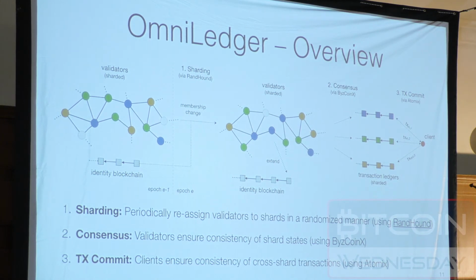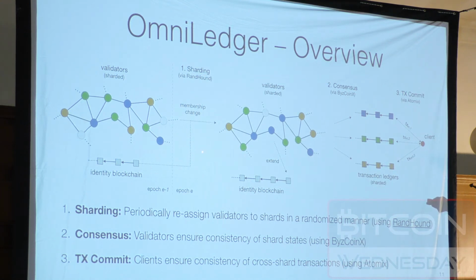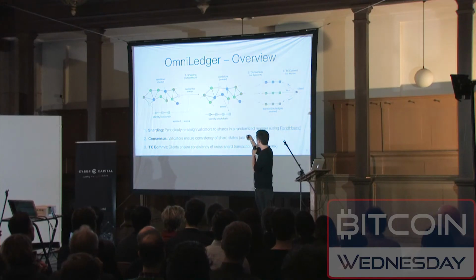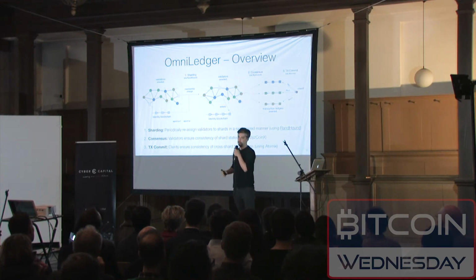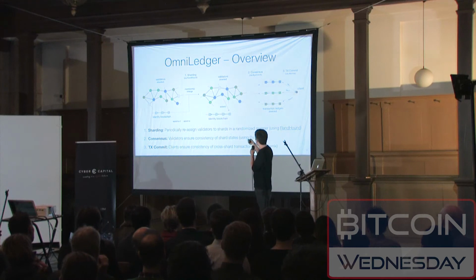And by that, we allow the validators to join and leave their shards. So for example, as you can see, this guy down here is becoming assigned to the green shard in epoch E. And some other people here, for example, this guy, he became inactive because he's not participating anymore for whatever reason. So this is how the validator assignment works.